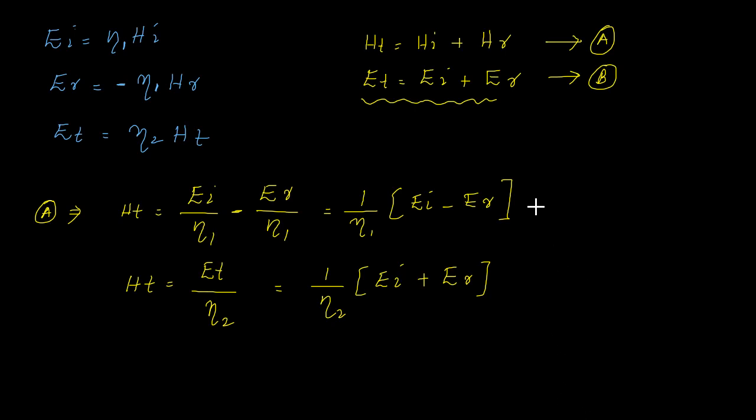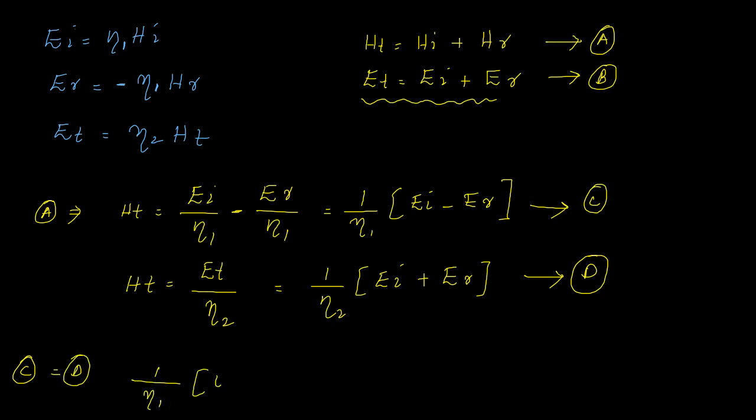And now we can equate these two expressions, C and D. So C equals D: 1 by eta 1 times (EI minus ER) is equal to 1 by eta 2 times (EI plus ER).